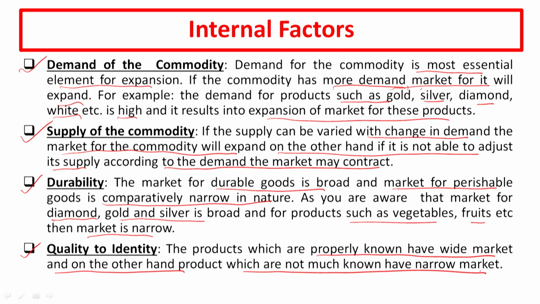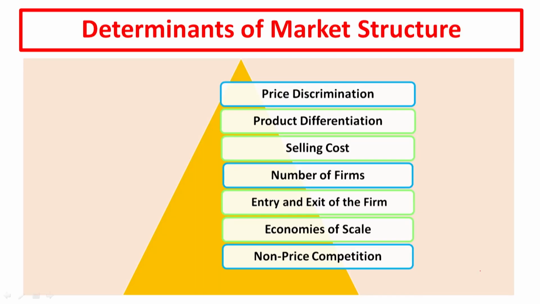So till now we have talked about external factors. Now we have discussed points related to internal factors. Moving further, now we'll be talking about determinants of market structure. As you're able to see on the screen, these are 7 determinants of market structure. There are other determinants also, but we have considered these 7 important determinants, and one by one we'll be taking up all these 7 determinants.